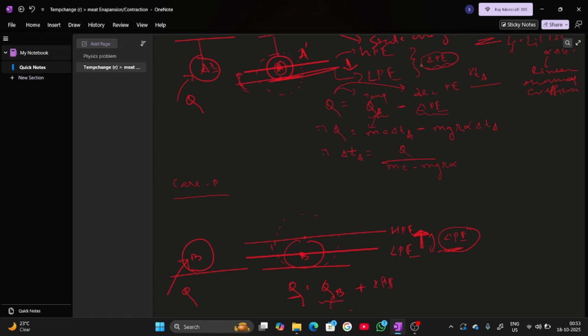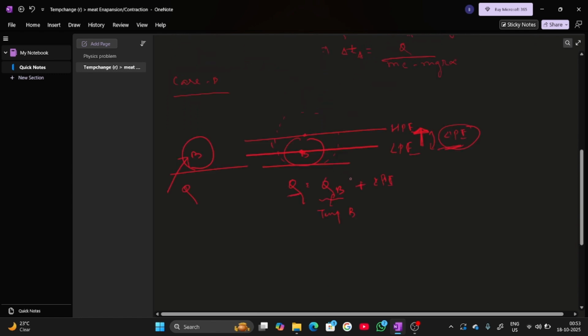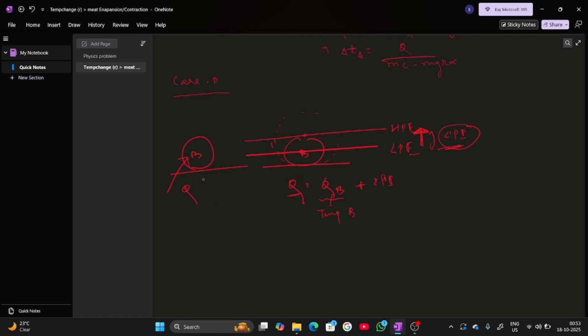We are considering no loss of energy, so the change in potential energy added up to the heat given. But in case B, the part which changes the temperature is Q which we gave minus delta P, because Q has done some work and then it changes the temperature.